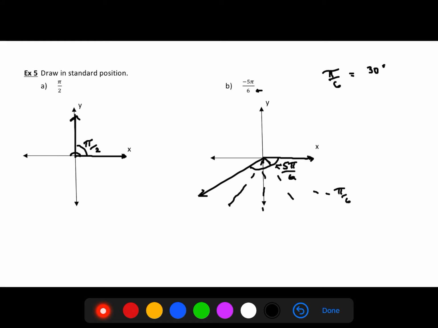We can think about this as negative pi over 6, then negative 2 times pi over 6, or negative pi over 3, negative 3 pi over 6, or negative pi over 2, negative 4 pi over 6, and negative 5 pi over 6.